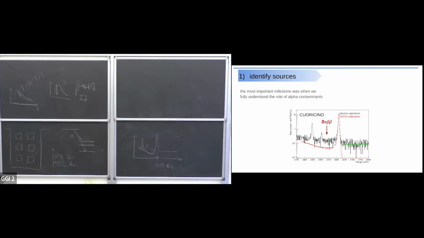So the problem is, these are the two gammas, but then you have also the beta, the electron. So if the contaminant is in the copper, the electron stops immediately and its energy is fully absorbed in the copper. But if, for example, the cobalt is an isotope that contaminates my tellurium dioxide because it was produced by a spallation process on tellurium, then in that case, I also have the beta.